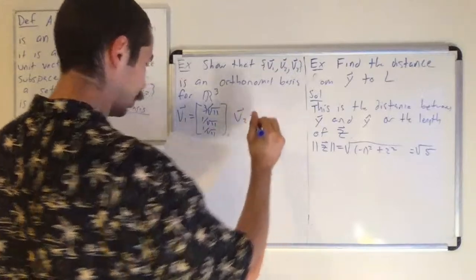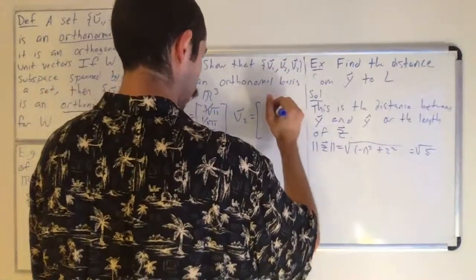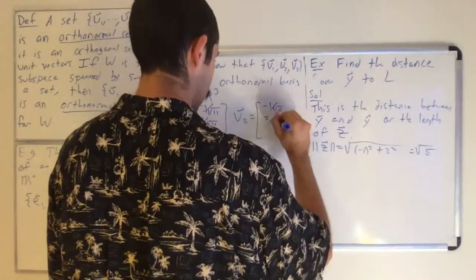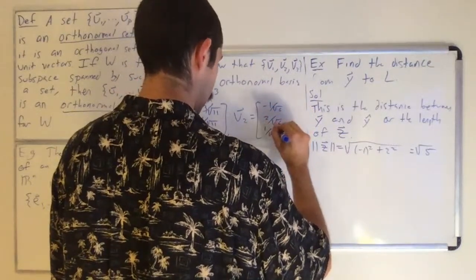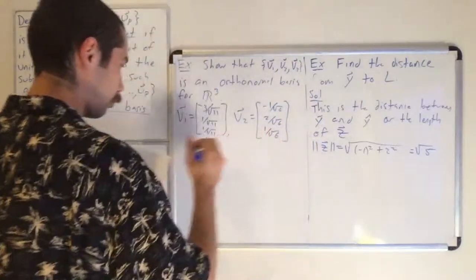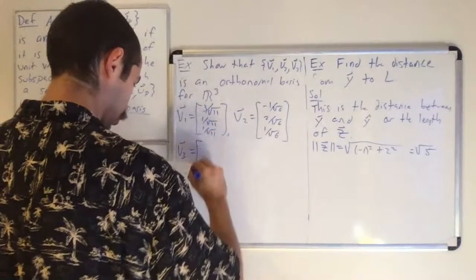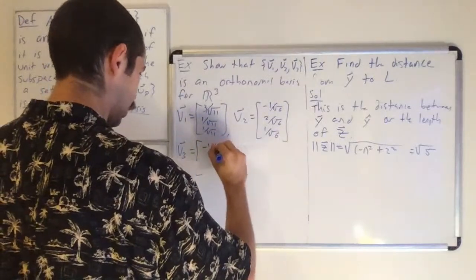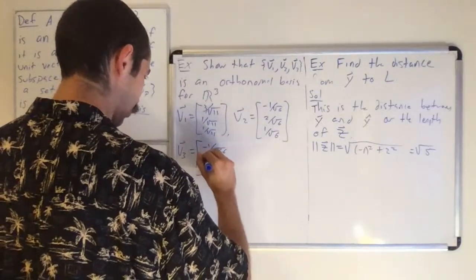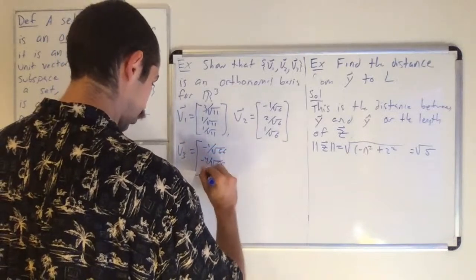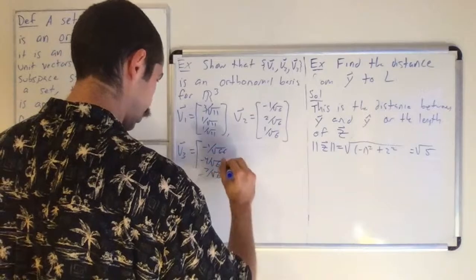V2 is the vector minus 1 over root 6, 2 over root 6, and 1 over root 6. And V3 is the vector minus 1 over root 66, minus 4 over root 66, and 7 over root 66.